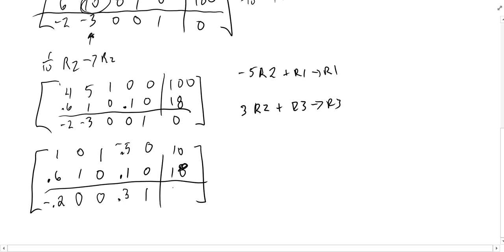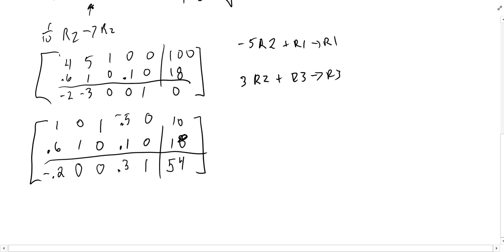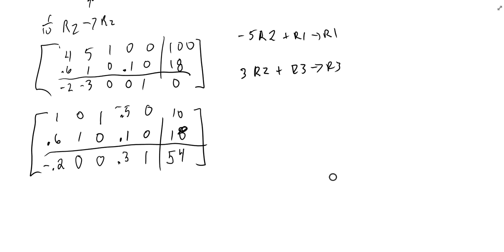And 3 times 18 is 54, I believe. Is that right? Yeah, 54. All right, so I've got a negative in the bottom row, so I'm not done yet.